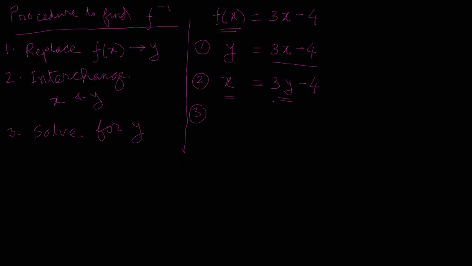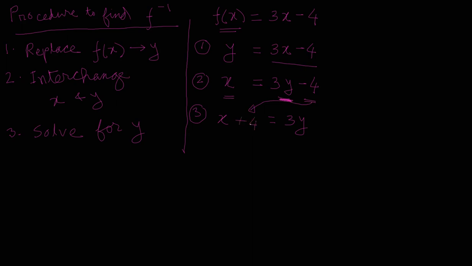Now from this equation I need to solve for y. So I need to find what y is. I am going to keep y on one side, and put the rest on the other side. So I have 3y here, and on this side I have x. This negative 4, if I bring it to this side, is going to be positive 4.